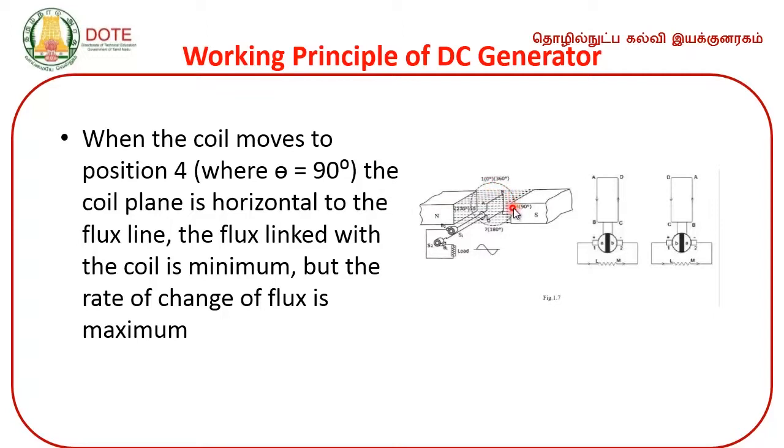When the coil moves to position 4, which is indicated by angle theta equal to 90 degrees, the coil plane is horizontal to the flux lines, that is the flux linked with the coil is minimum, but the rate of change of flux is maximum. So, in this position d phi by dt is maximum, whereas phi is minimum, that is 0.